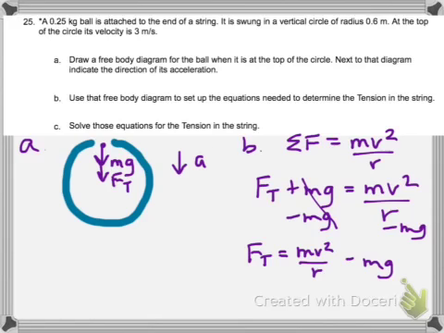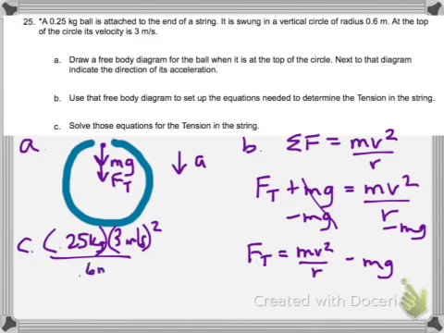For part C, they want you to solve the equation for the tension in a string. So using the equation, we can plug in our numbers. So we have our mass of 0.25 kilograms, our velocity of 3 meters per second, which gets squared, divided by a radius of 0.6 meters, minus our 0.25 kilograms times 9.8 meters per second squared.